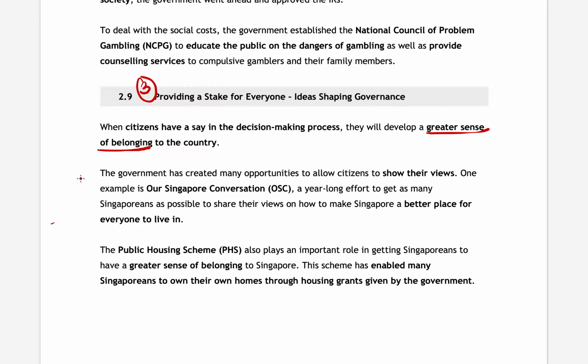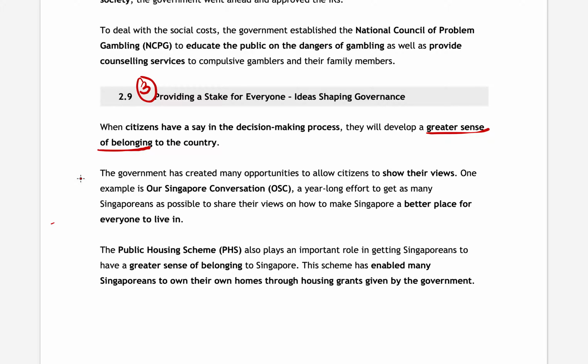A lot of Singaporeans today, especially couples, get to live in these HDB flats, get to live in these BTOs. This actually builds a sense of belonging because, hey, I own a house. This is now where I will set up my family. This is where my children will grow up. This is where I'll grow old and whatnot.